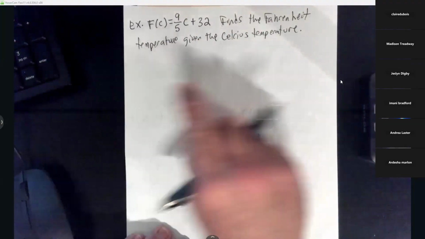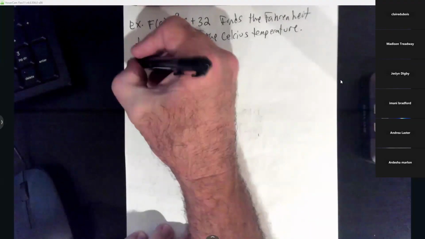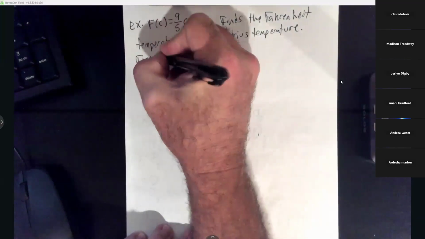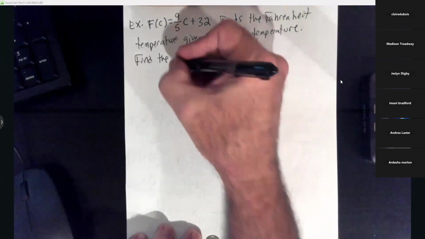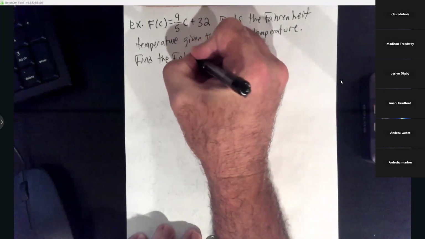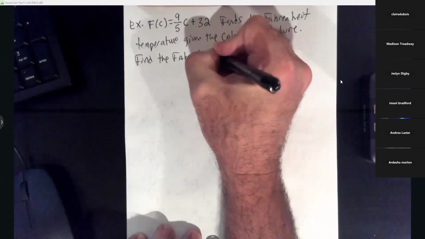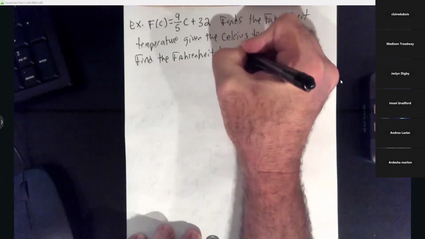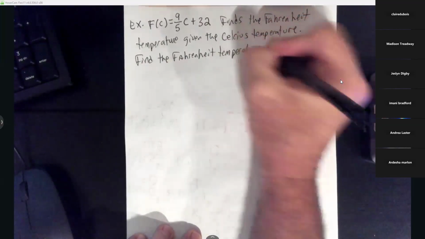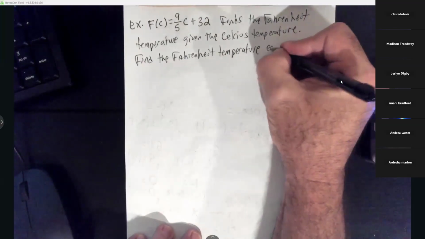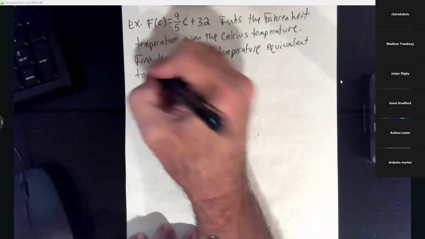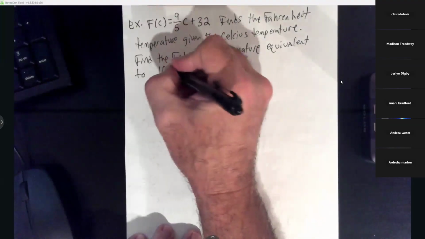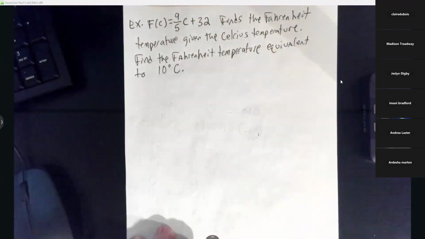So what they want me to do on mine is find the Fahrenheit temperature equivalent to 10 degrees Celsius.